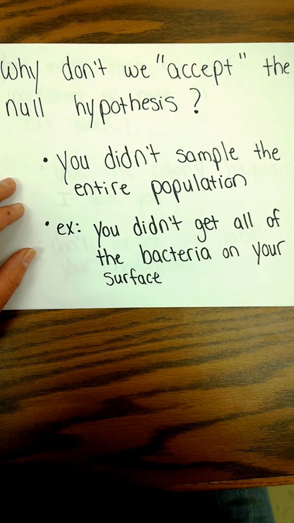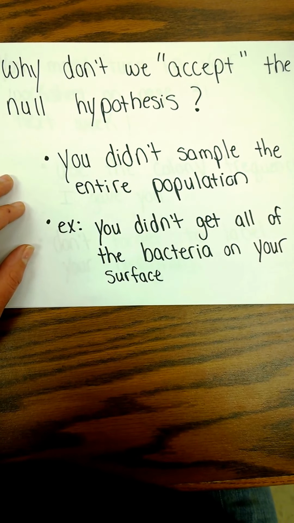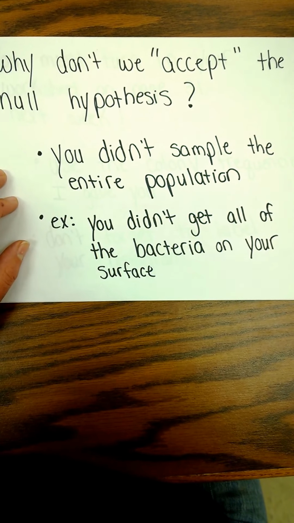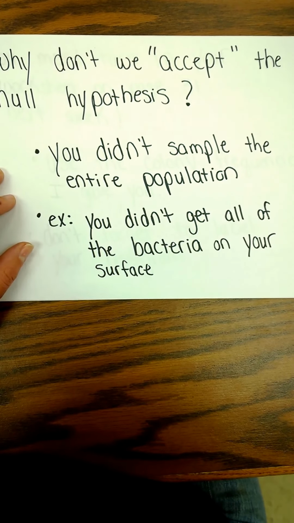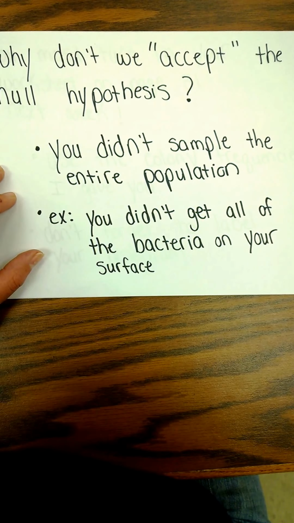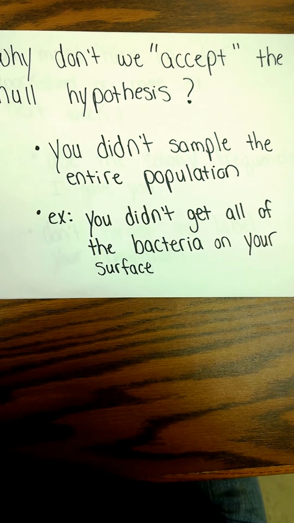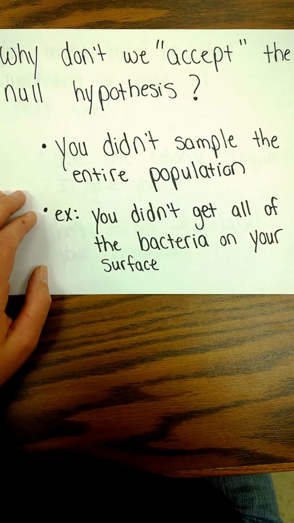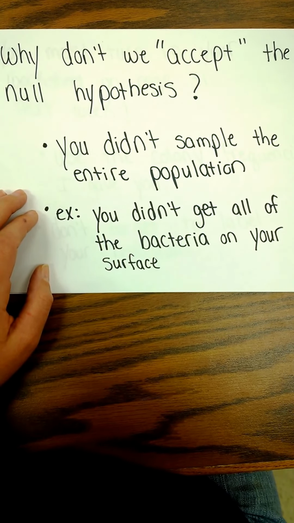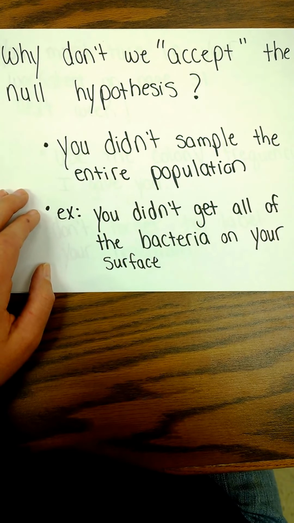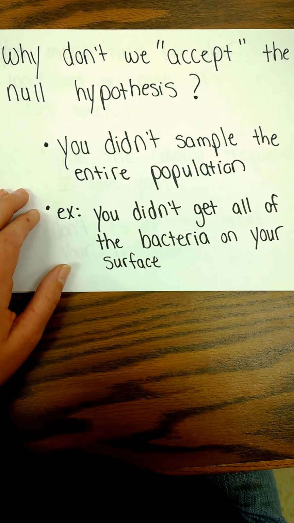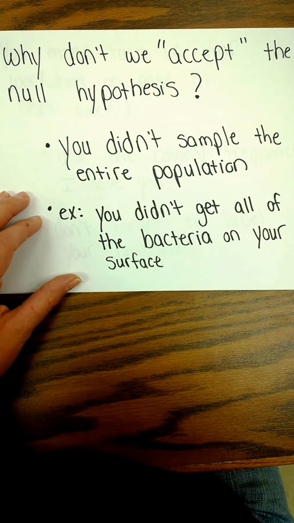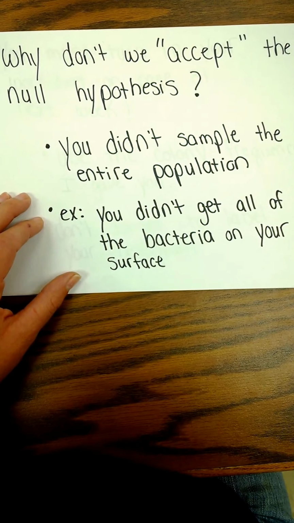However, the null hypothesis is referring to an entire population, right? So if we are failing to reject the null hypothesis, we are saying that it is most likely to be true. Now, what do I mean you didn't sample the entire population? For example, when you swab surface A and surface B, do you think that you got all of the bacteria off of that surface?